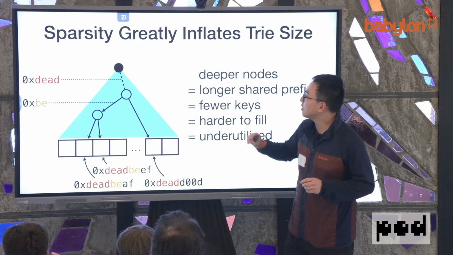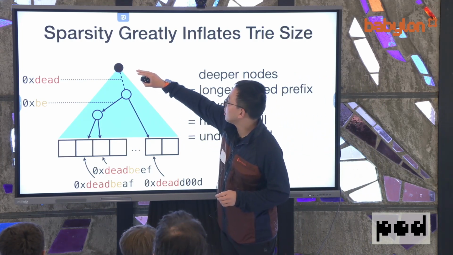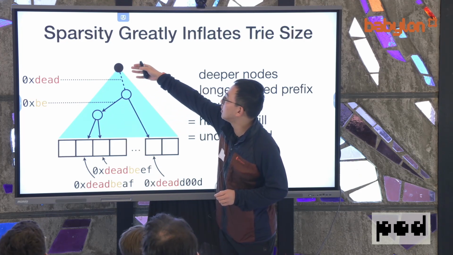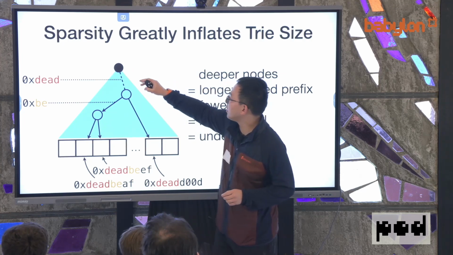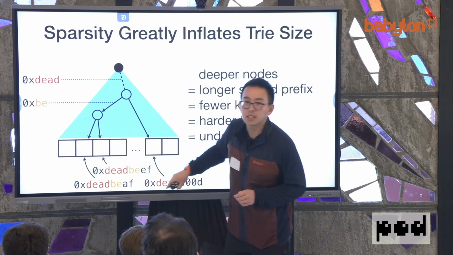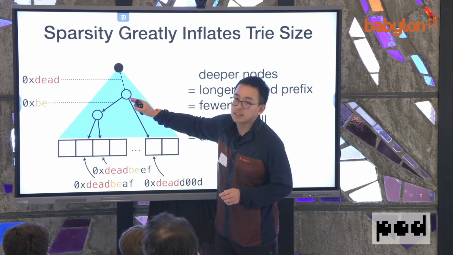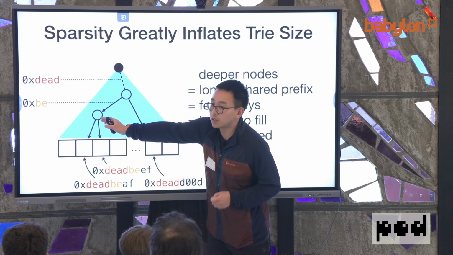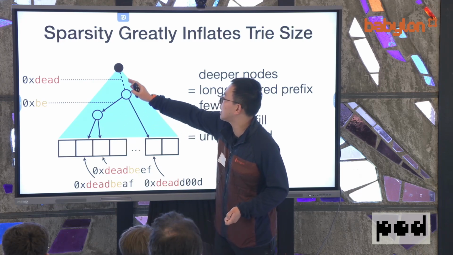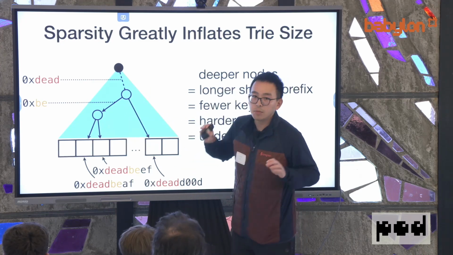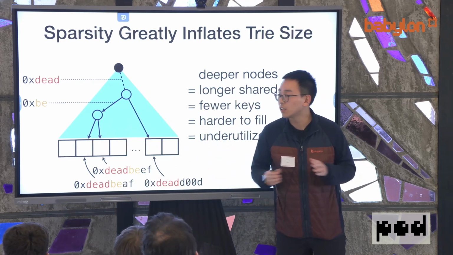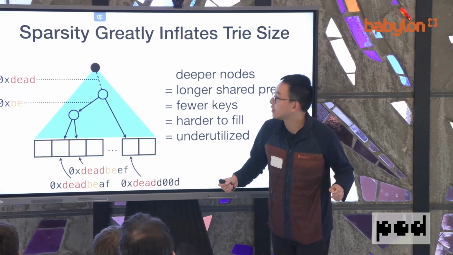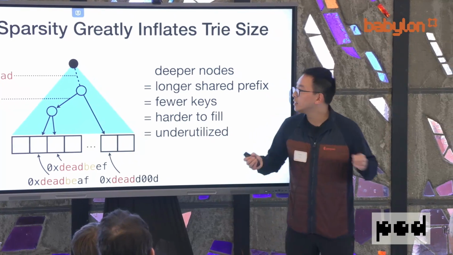Remember that there is some meaning to the path through which you trace from the root to a particular node. For example, for this node, the entire sub-tree shares the same prefix of the key, which is 0xDAT. And if you go one step further to this node, then it's 0xDATB. So the deeper you go, the longer the shared prefix you are assuming, and you only have so many keys in your system.